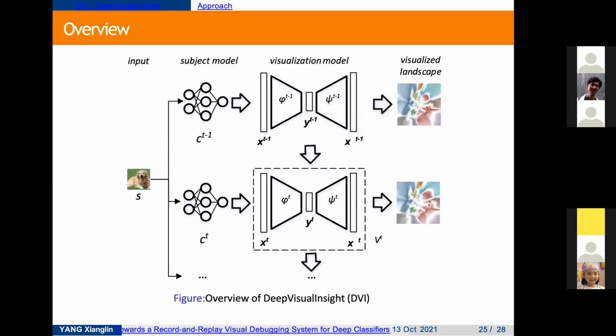And because we need to have this temporal preserving property, each visualization model will be initialized by the visualization model from the previous epoch.